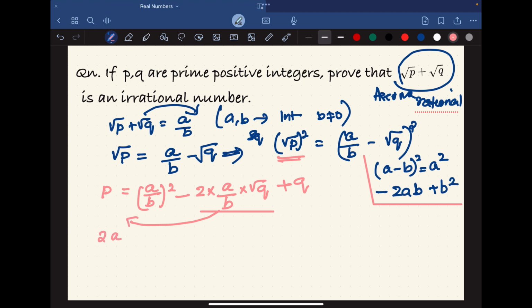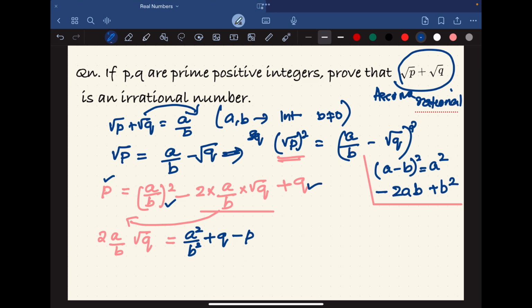So 2a by b root q is equal to a square by b square, plus q, then we have this p, which goes to the right hand side and becomes minus p.